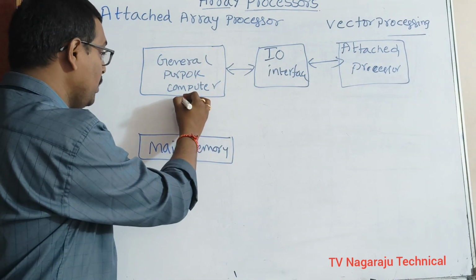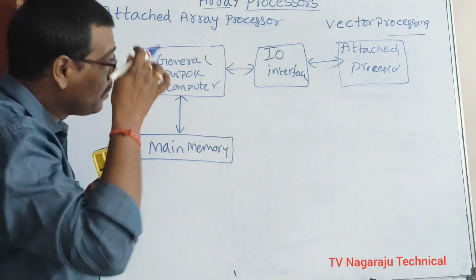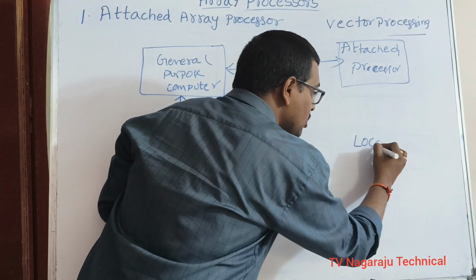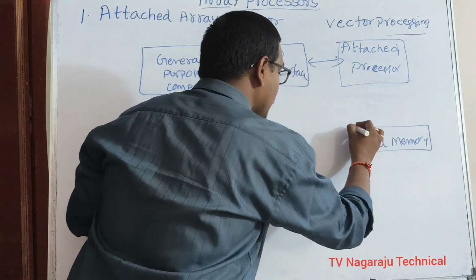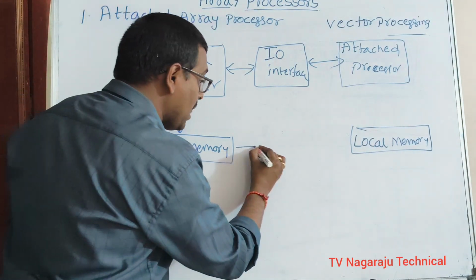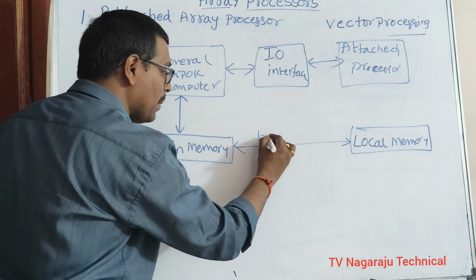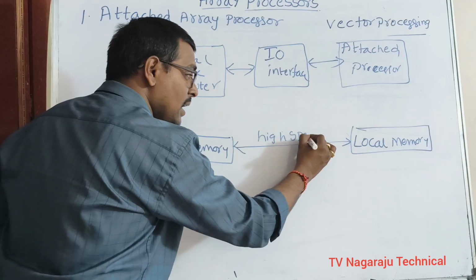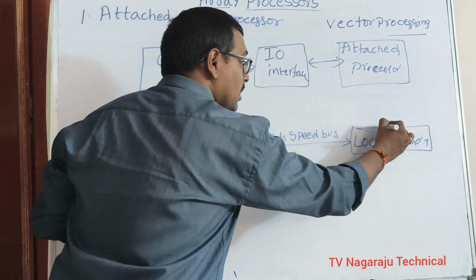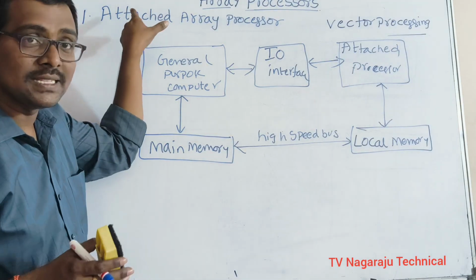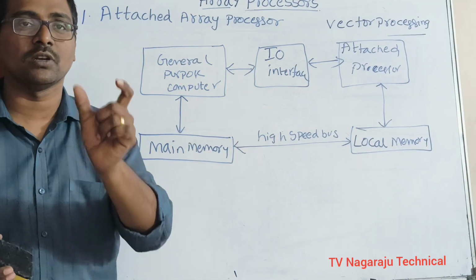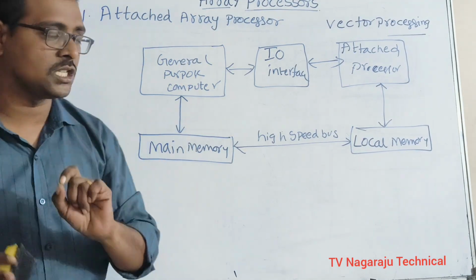So the computer is connected to the main memory, and each attached processor contains a local memory. The data is transferred from the main memory to the local memory by using a high speed bus. This is the advantage of the attached processor, to do vector processing.